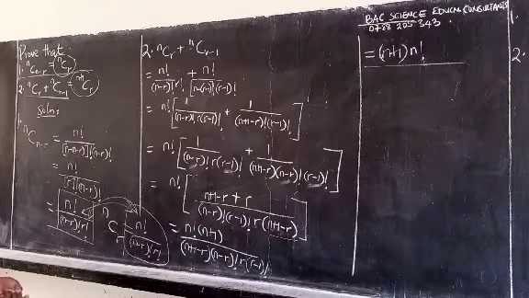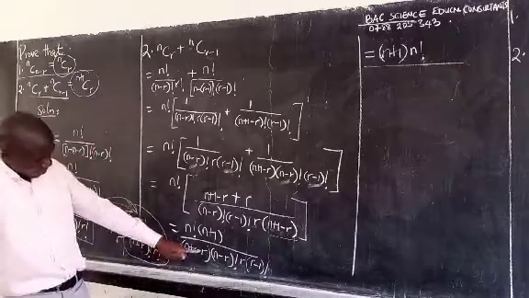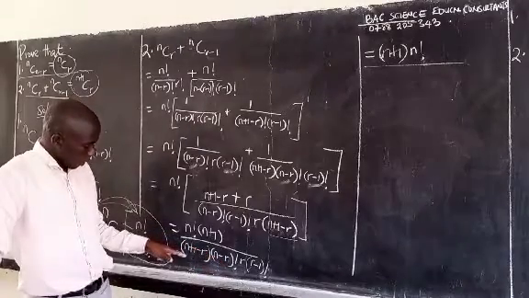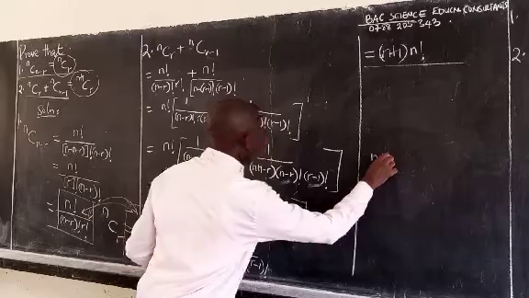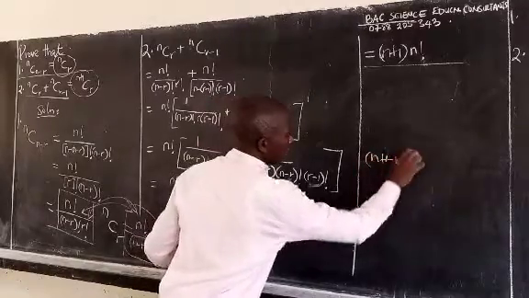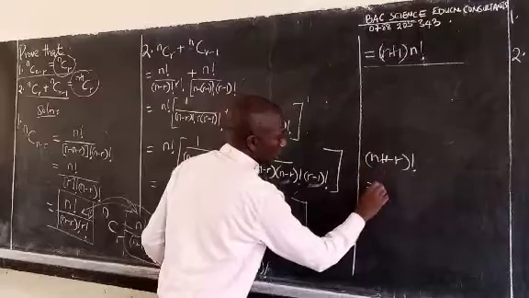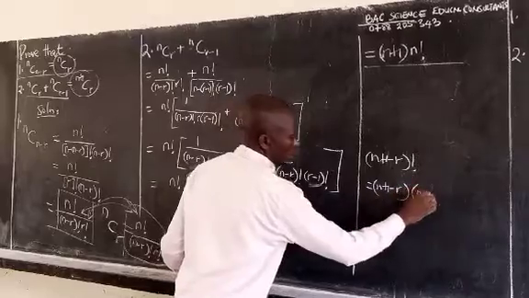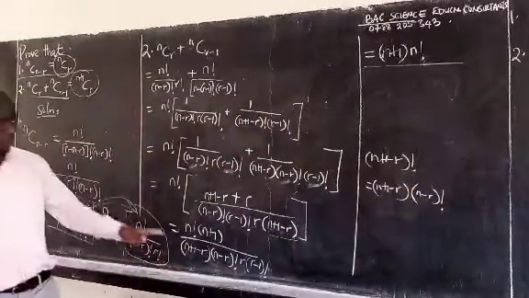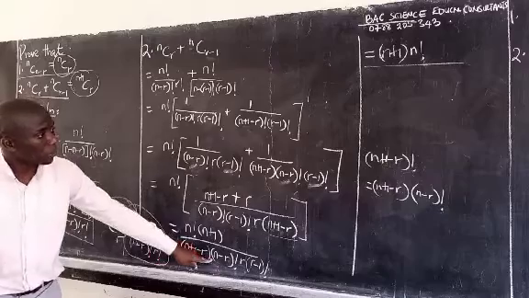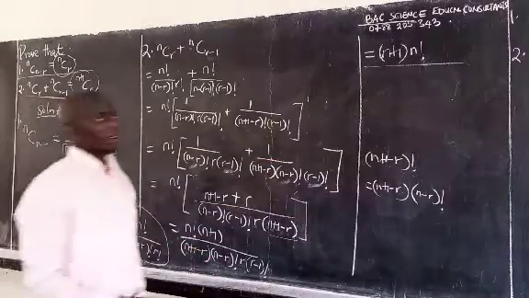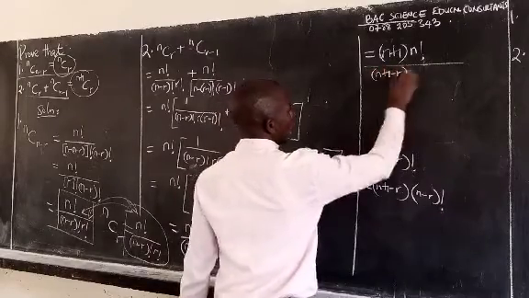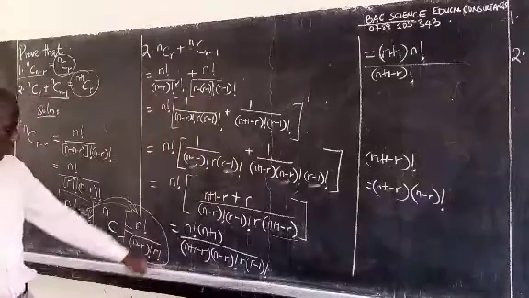Okay? Because we have seen (n+1-r)(n-r)!. So when you check, we had (n+1-r)! was this one. Then when you multiply by (n-r)!, you realize that this is the same as (n+1-r)!, the whole of this.